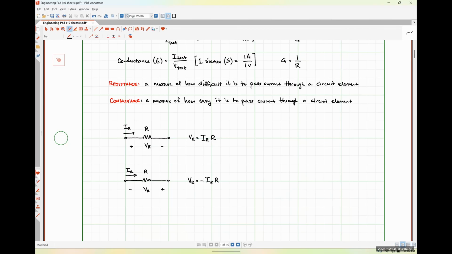So the easiest way to remember this is if current flows into the plus sign, Ohm's law gets a plus sign. If current flows into the minus sign, Ohm's law gets a minus sign. It's not particularly difficult. Okay.